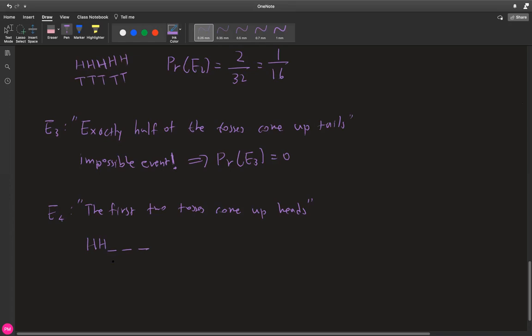So this is actually simple because for the 3rd spot, you have 2 possibilities. For the 4th, you have 2, and the 5th, you also have 2. So this is 2 to the power of 3, and that is simply 8. So hence the probability of E4, you can simply say that this is 8 out of 32, and hence it's 1/4 probability.